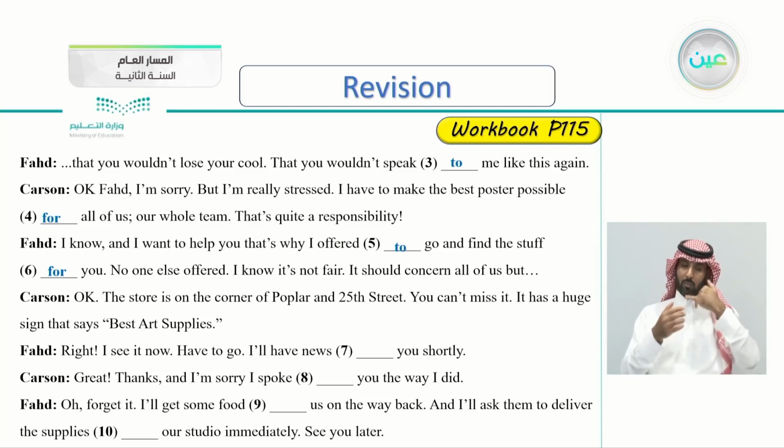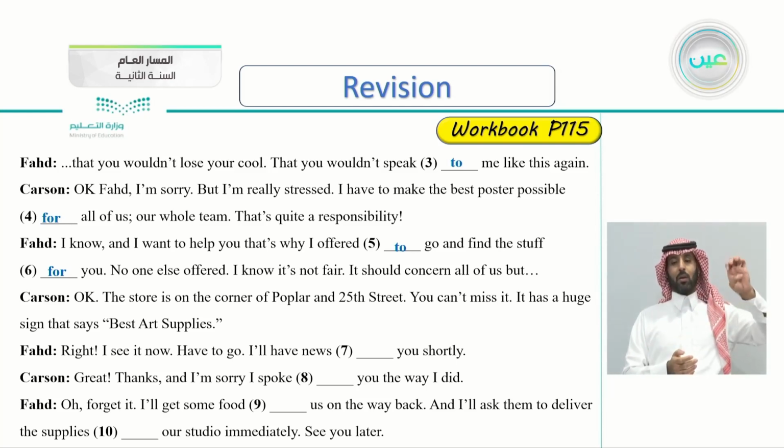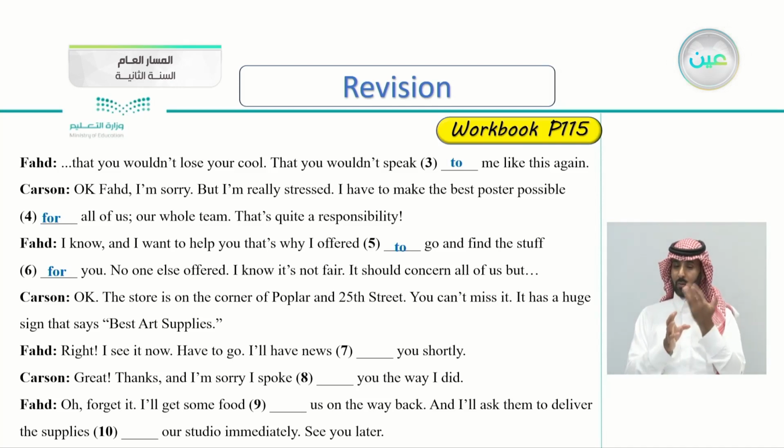You can't miss it. It has a huge sign that says Best Art Supplies. Fahad: Right, I see it now. I have to go. I'll have news for you shortly. Yes, I'll have news for you shortly.